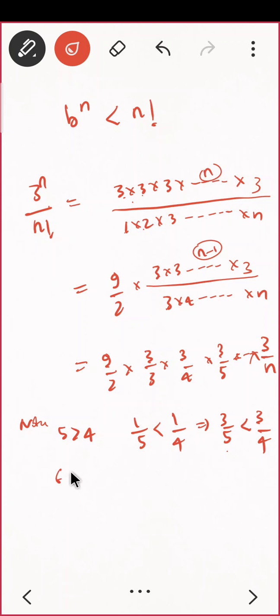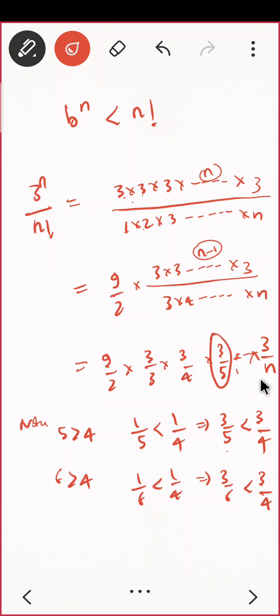Similarly, 6 is greater than 4. That means 1 upon 6 is less than 1 upon 4. Implies 3 by 6 is less than 3 by 4. Do you see? Each of the terms after 3 by 5 is less than 3 by 4.